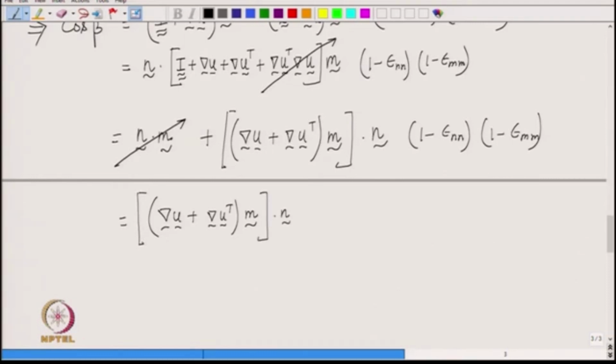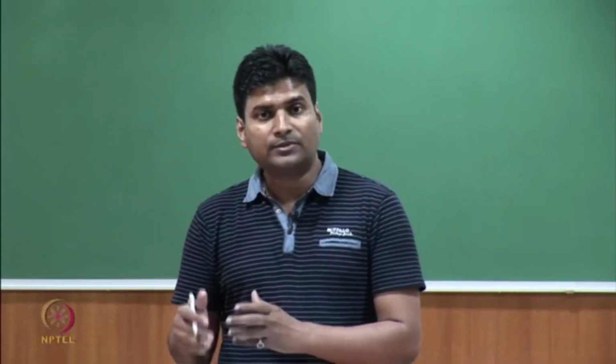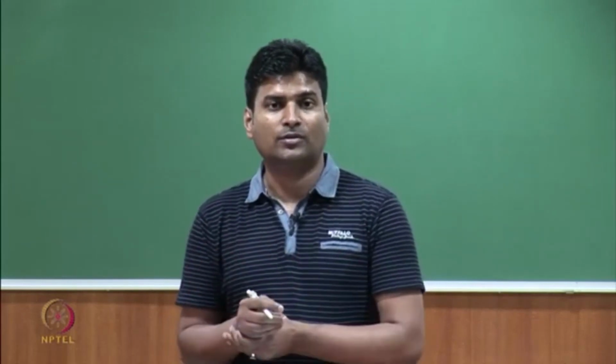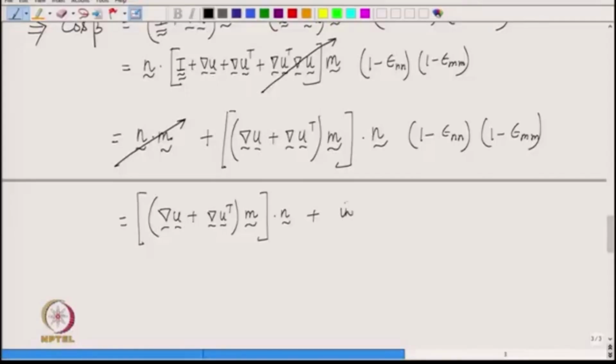That is the most significant term, and then you also have the remaining terms, but it is less significant because they are also multiplied with epsilon n n and epsilon m m, which are very small compared to 1. So, I will just write here plus insignificant terms. So, we can drop it, right.